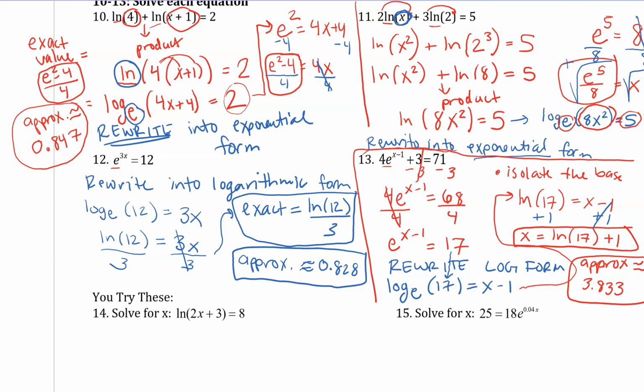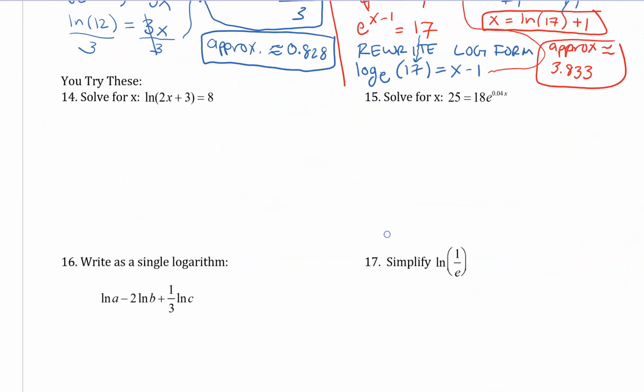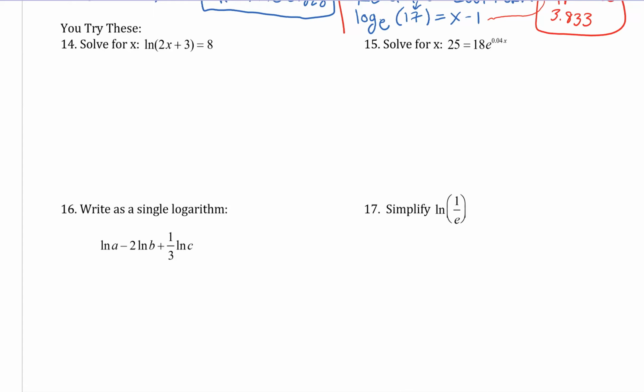And that really sums up the functions of e to the x and the natural log of x and their relationship with each other. I'd like you just to try a few problems before calling it a day. So pause your video here, see if you could work these out, and then check your answers.